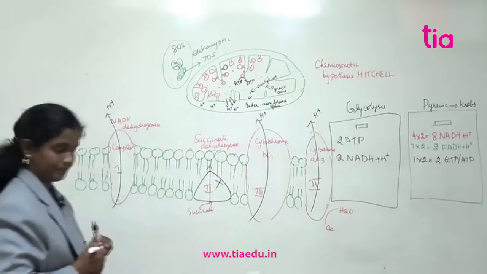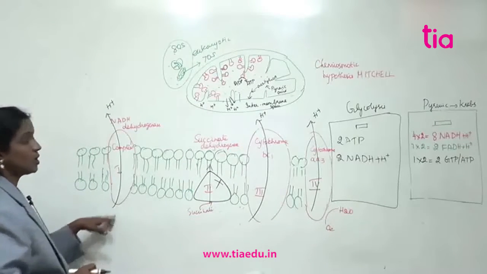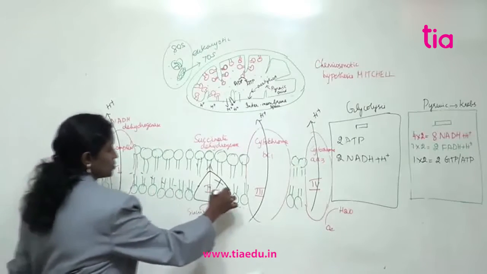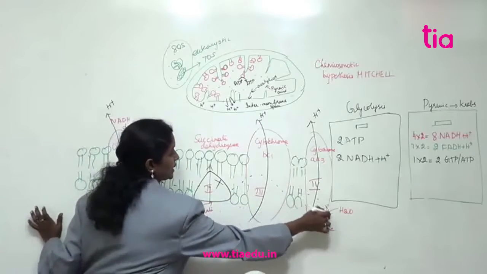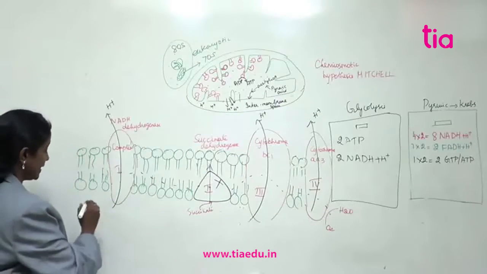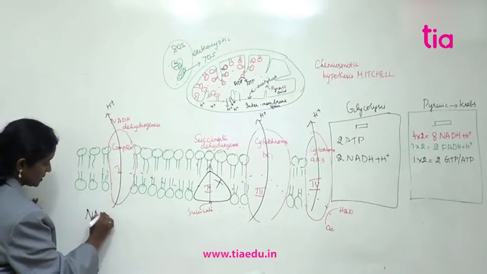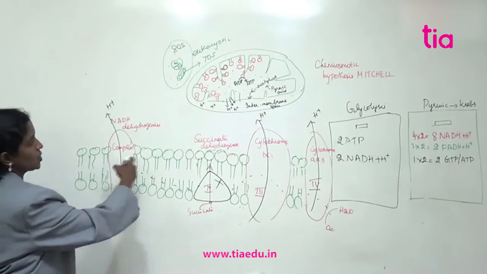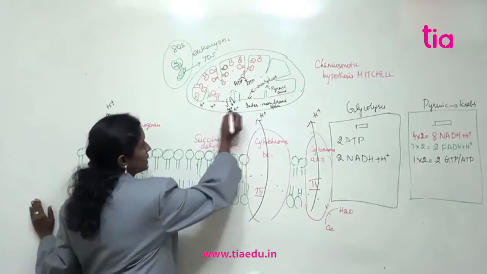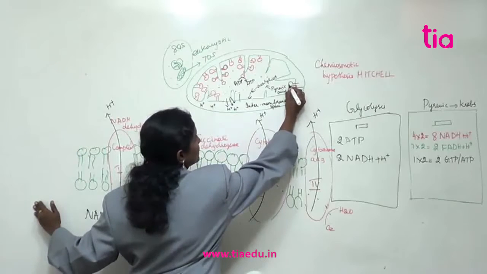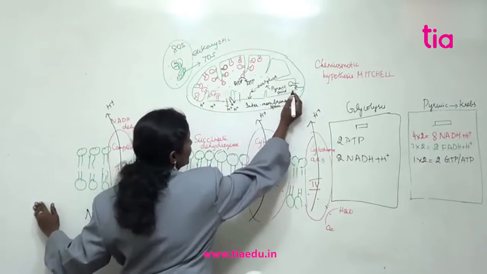So the protons are moved out, and the electrons roam around until they reach the end. For NAD, all the protons which are moved out towards the intermembrane space will return through the enzyme ATP synthase, F0 F1 ATPase.